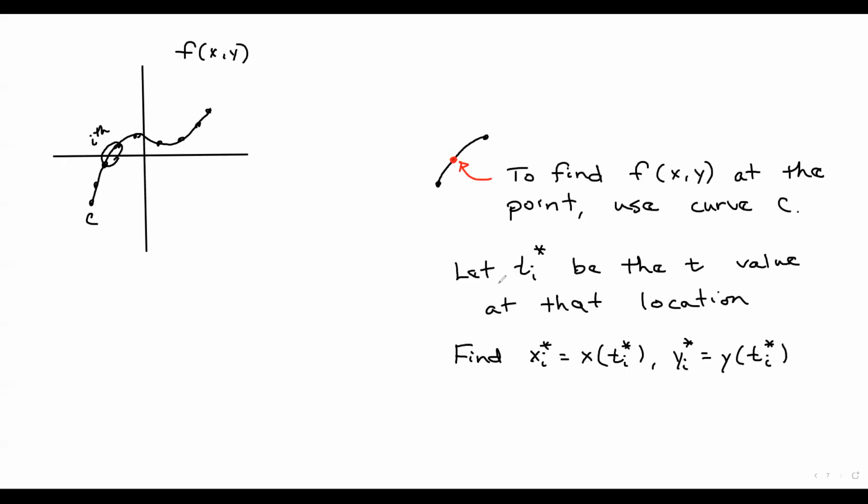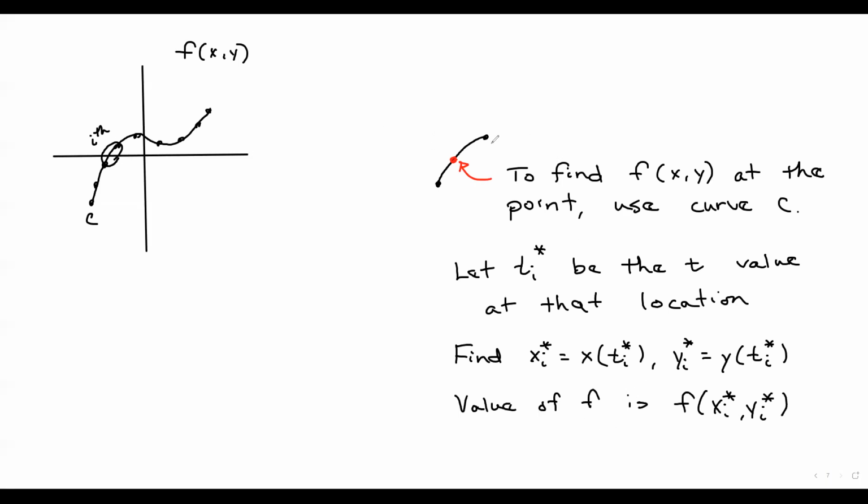So we went from t over to x and y. Then once we have the x and y value for that spot, we can plug it into f. So the value of f there is f of x sub i star, y sub i star. That's going to be the value of f at that spot.